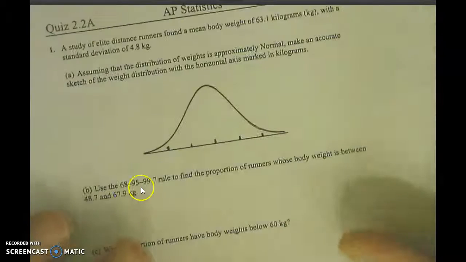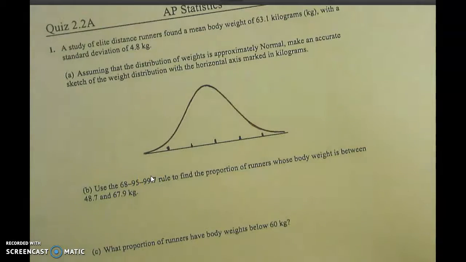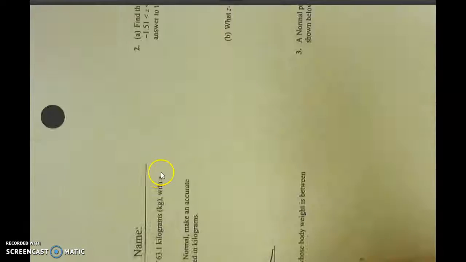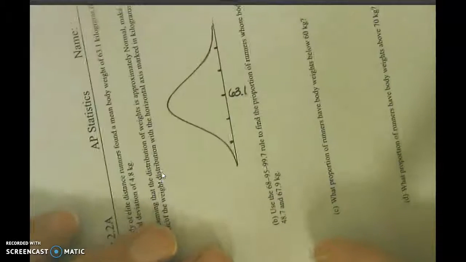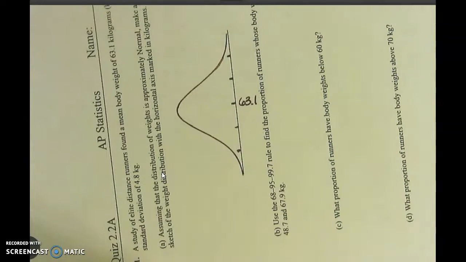So the first one says here, a study of elite distance runners found a mean body weight of 63.1. So I'm going to come in here and put 63.1 right there. That's going to be my mean, okay? And then my standard deviation is 4.8, so I'm going to add 4.8 to 63.1. And so 67.9.